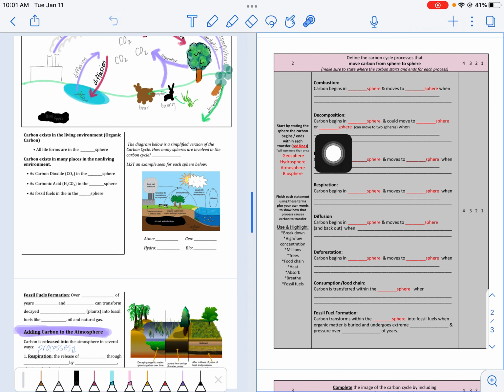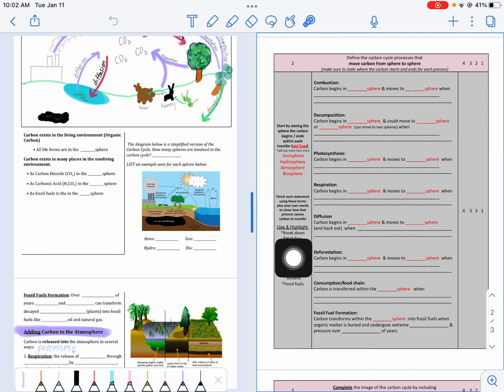So the red, you can see here, has all the sphere terms. We're using, just like learning target 1, those prefixes to plug in and say, hey, when combustion happens, carbon's moving from this sphere to this sphere. And then the when gives you an opportunity to give the definition.